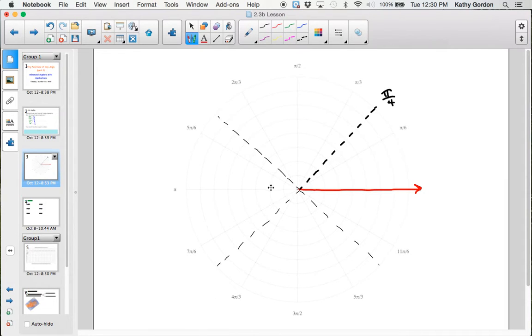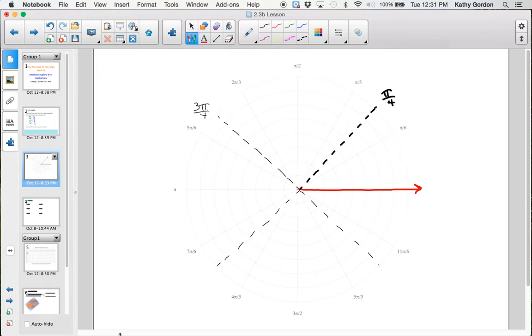If I do another rotation of the same amount, then where am I at? 3 pi over 4. So that's what we're going to label this one. Same amount of rotation gets us here, which is 4 pi over 4, but that's really just pi.